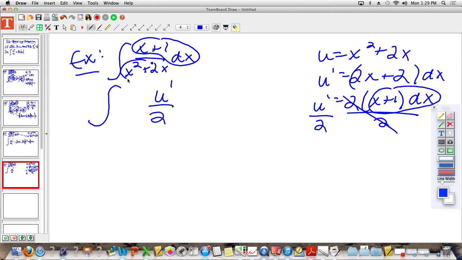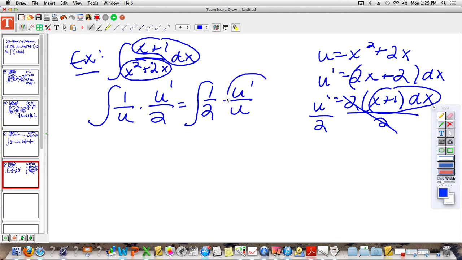What about this x squared plus 2x? That's u on the bottom. So what do I put on the top of it? 1. You put a 1. And we're multiplying these two things. So this can also be written as 1/2 times u prime over u.